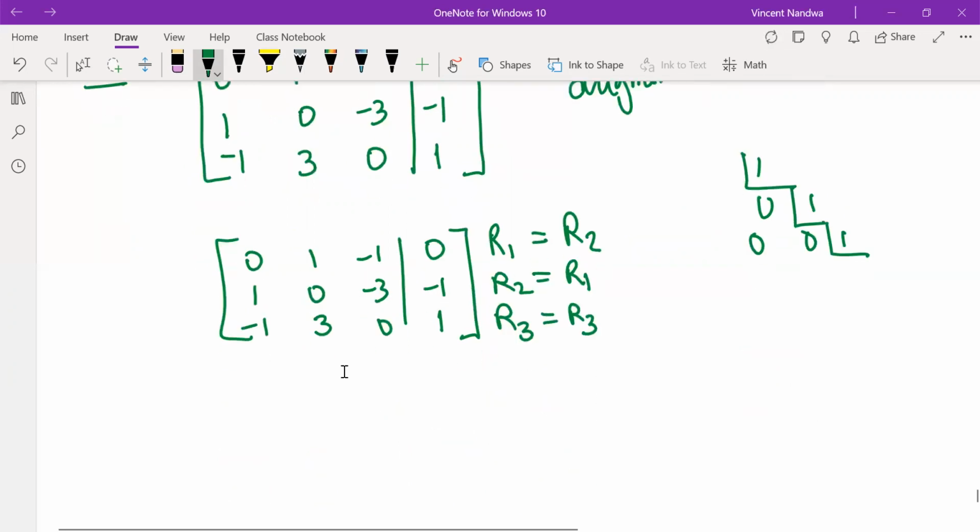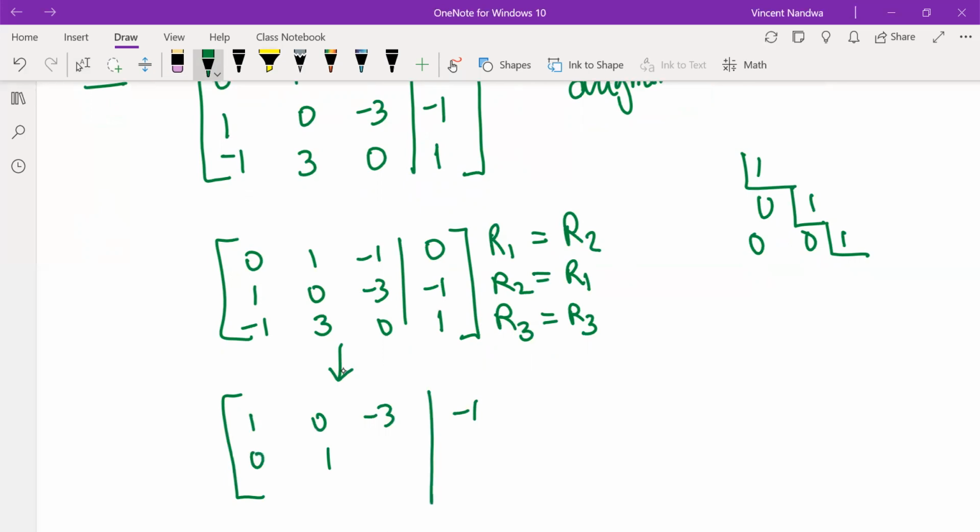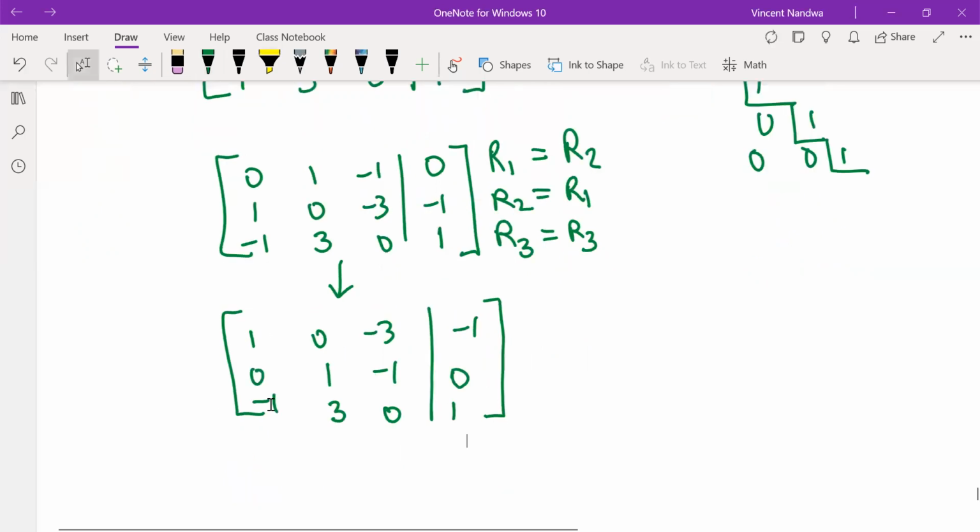So by doing that, we'll have 1, 0, -3, -1; 0, 1, -1, 0; -1, 3, 0, 1. By interchanging the 2 rows, we get the correct element in this position.